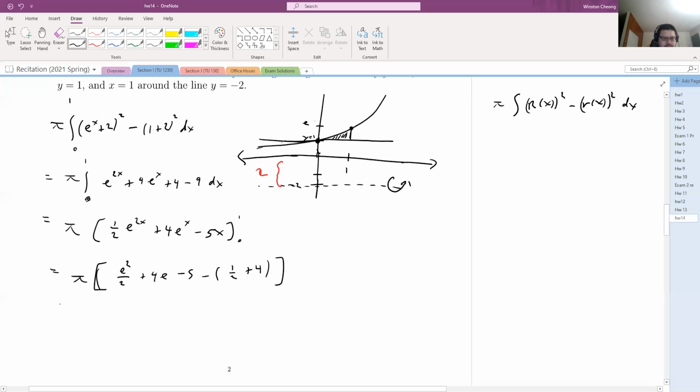The e squared and the e are going to be fine. You have -9 minus 1/2, so -19 over 2. So e squared over 2 plus 4e minus 19 over 2. And that's what I had from before. So yeah, good.